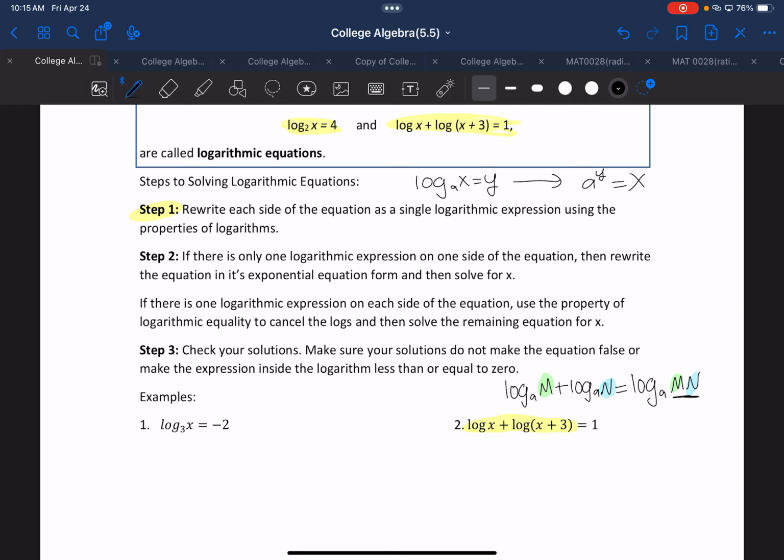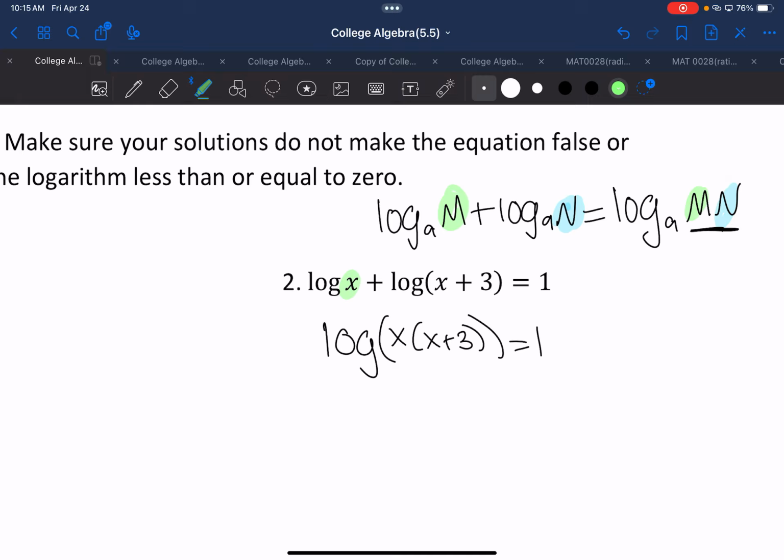So going further on number 2 here, this would become log of x times (x plus 3), because that was my expression inside the first log, and this was my expression inside the second log.